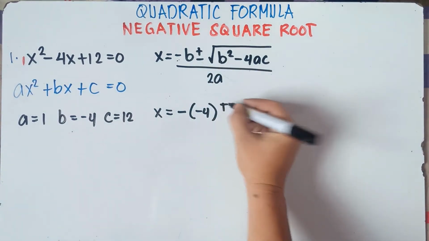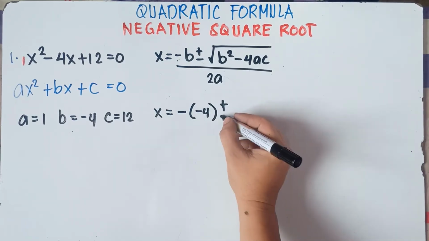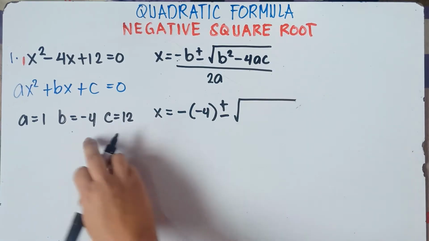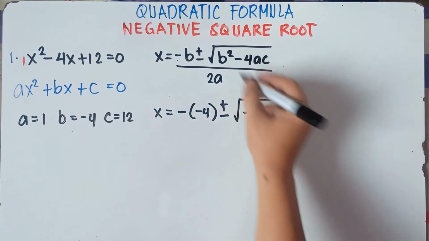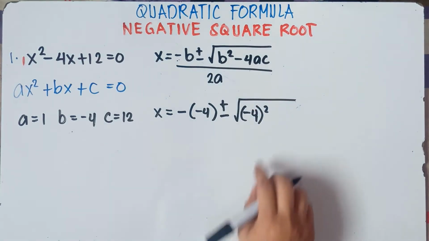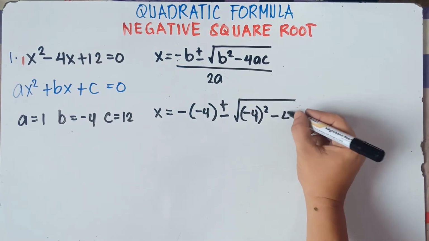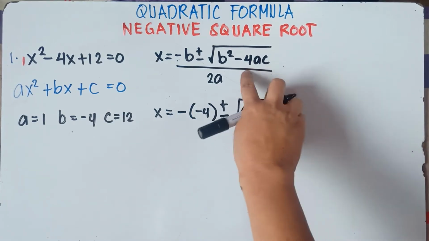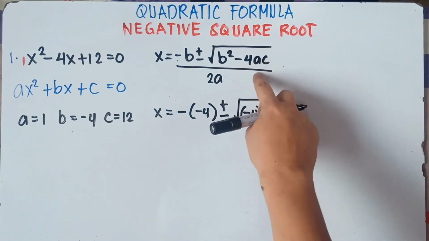And then copy plus and minus, and then the square root of, once again, your b is negative 4, so negative 4, then do not forget squared. It says in the formula b squared, so negative 4 squared, minus 4. If you have variables close to each other, like 4ac, it means 4 times a times c.